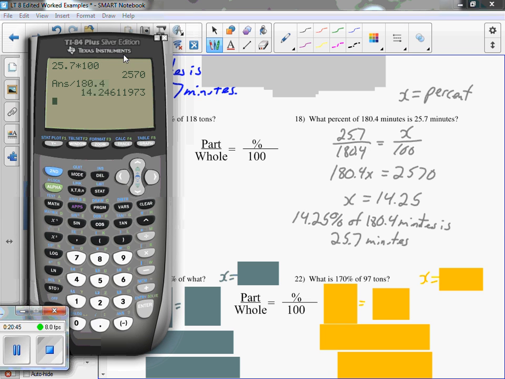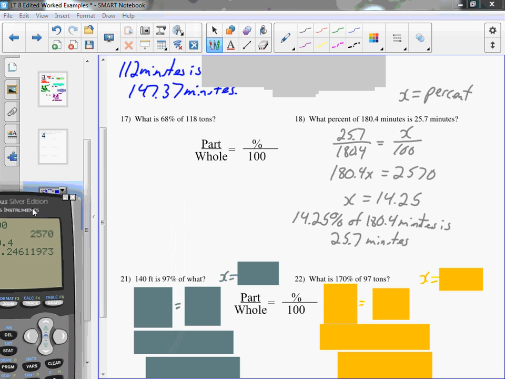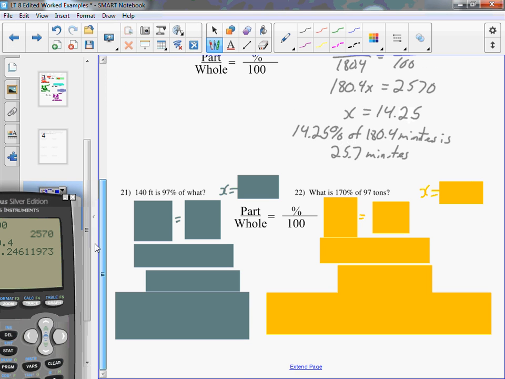Let's go to number 22 next, because it's always weird when you have a percent that's over 100%. Because we'll laugh and joke because you watch sports and they interview somebody, yeah, we came out, we all gave 110%. And then somebody will say, well, you can't really give more than 100% because that's everything. That's true in that case.